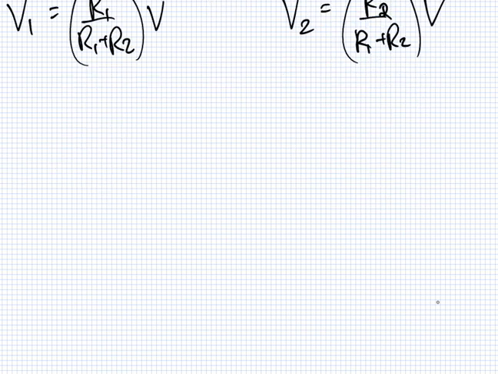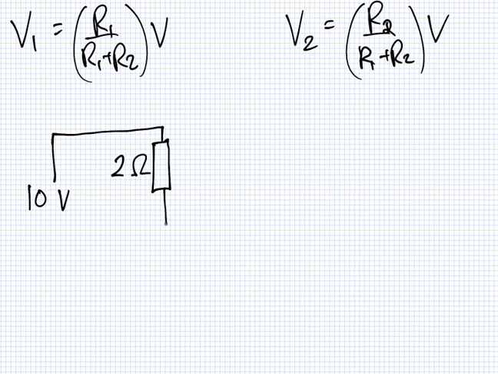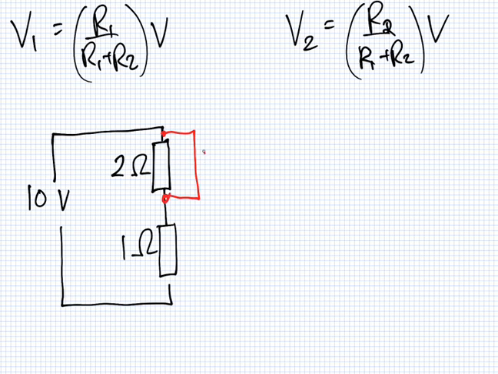So for example, here, if you have 10 volts, and this here is 2 ohms, and this here is 1 ohm, we'll say, then the voltage here, that's V1, that is 2 over 2 plus 1 multiplied by 10, which is 6.66 volts.